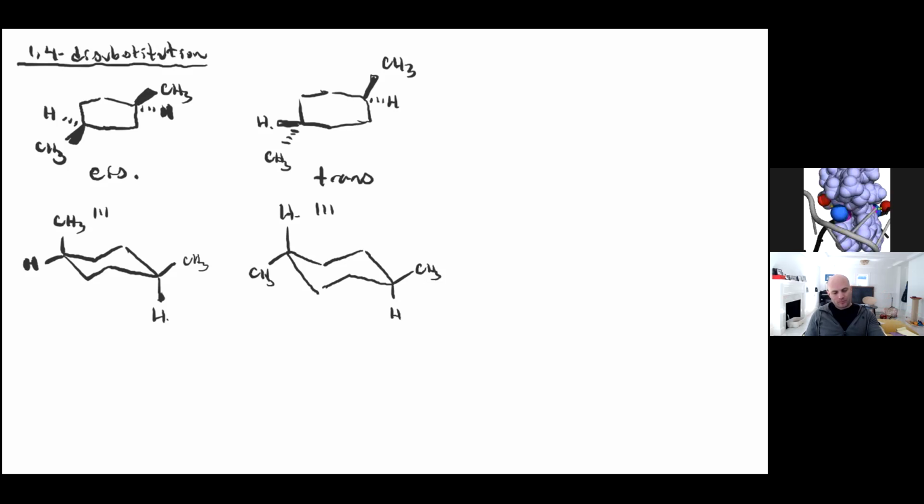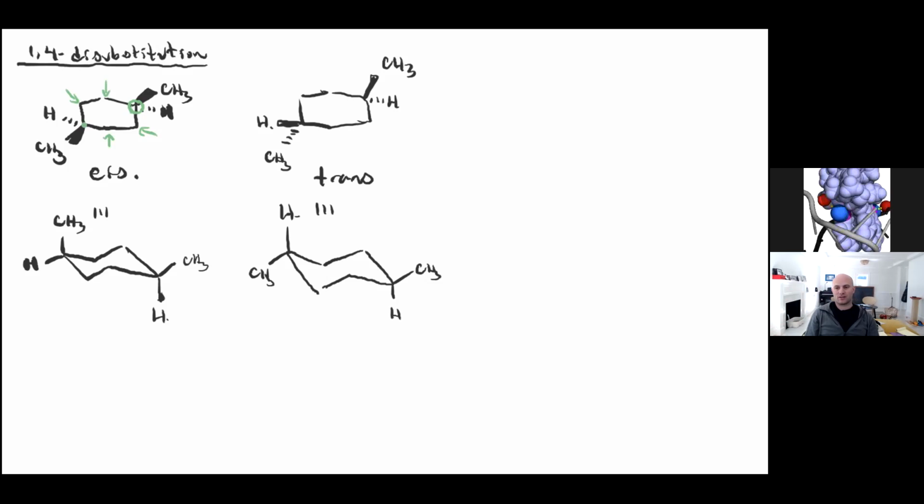If you consider this top carbon up here circled in green and start to prioritize substituents, what you find is that this one and this one are the same. This carbon and this carbon are the same, and then they come back together, right? And so there are not 4 distinct substituents around that carbon.